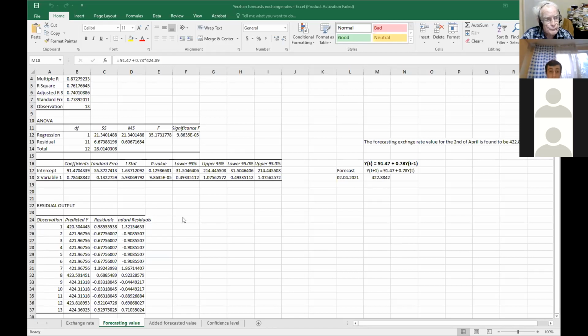By the way, here's one way of interpreting the residuals. Here is the current exchange rate, the actual rate, and then y hat is our forecast of the exchange rate based on the model. The difference between the two is the residual.